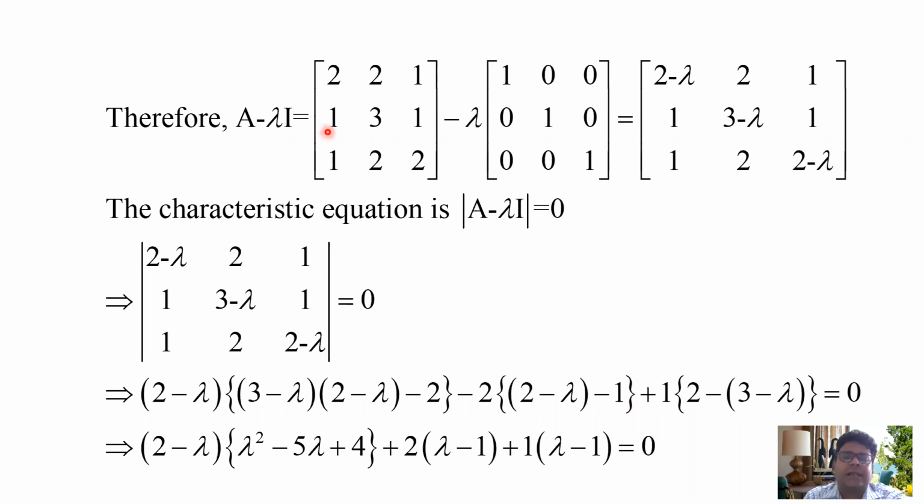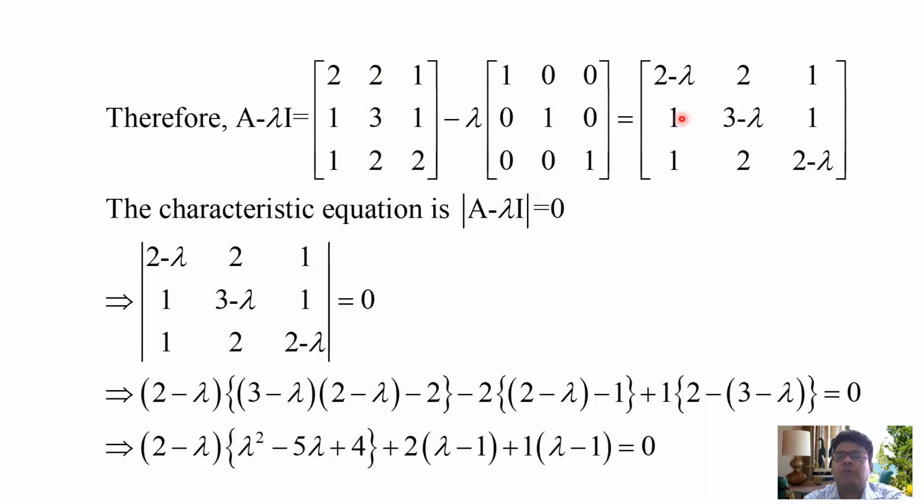Therefore, A minus lambda I, where A is this matrix and I is the identity matrix [1 0 0; 0 1 0; 0 0 1]. Lambda is a scalar quantity.